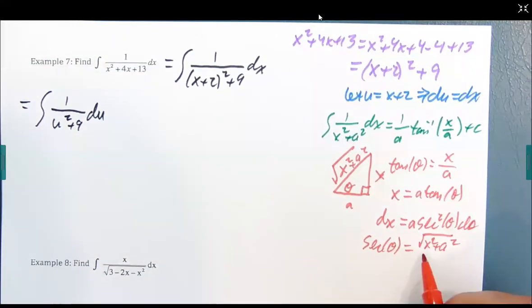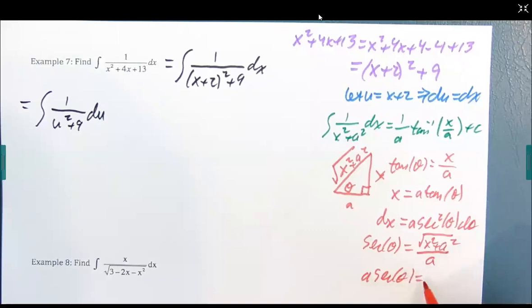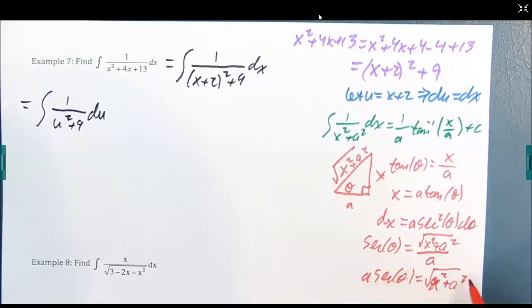Over a, which means a secant theta is equal to the square root of u squared plus a squared.